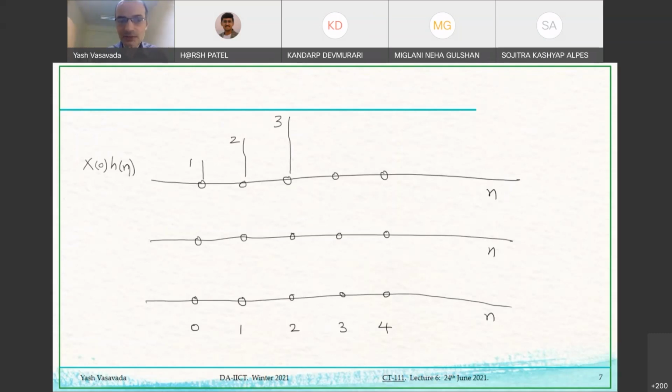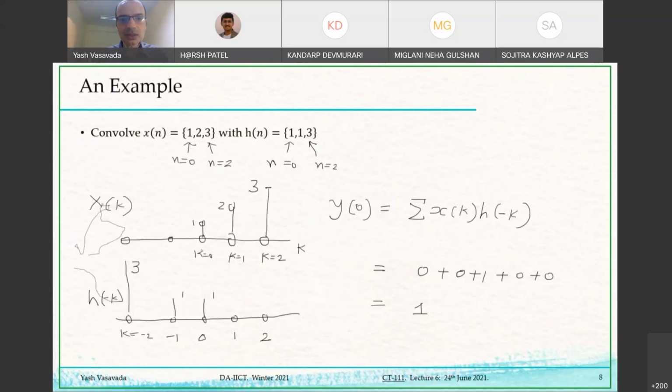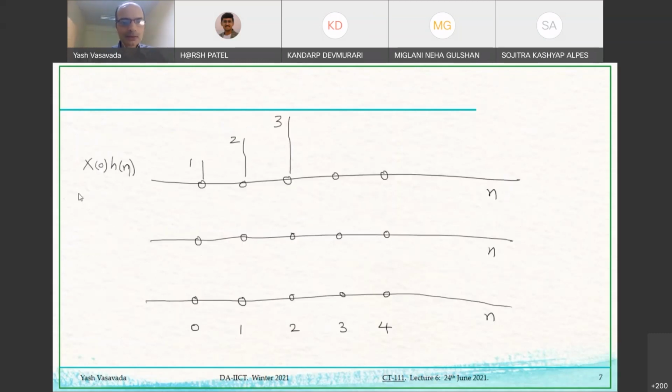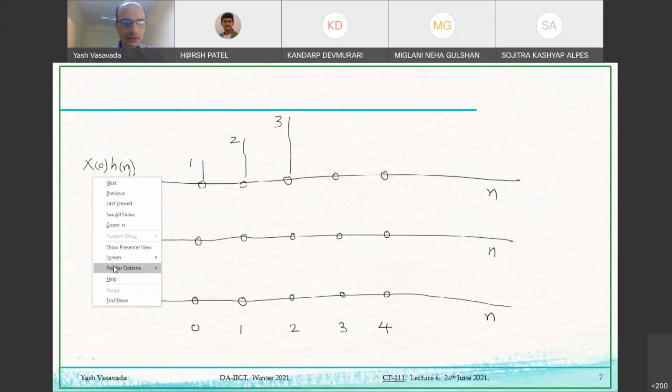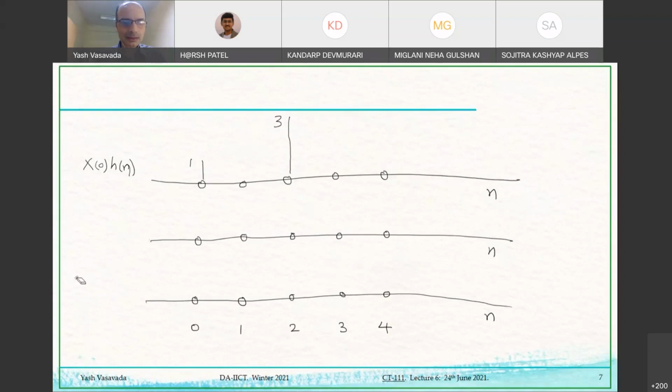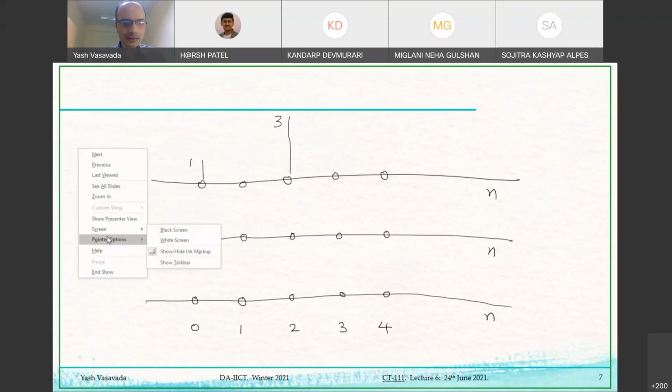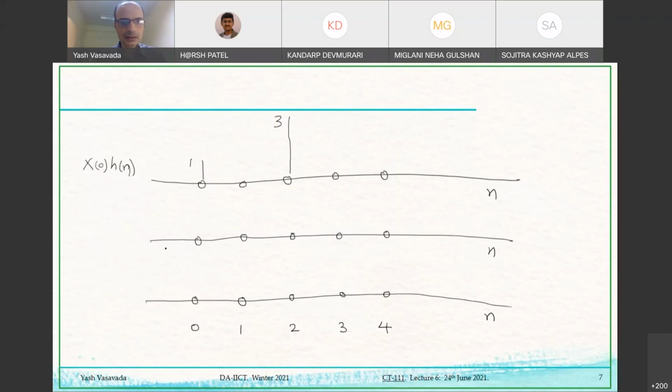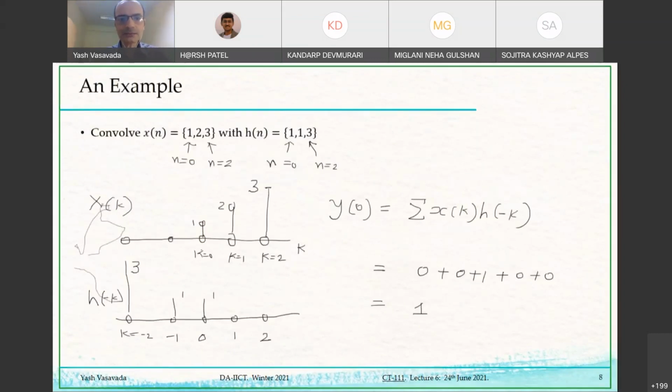Sorry, 1 second. H of n is not 1, 2, 3, it is 1, 1, 3. So erase this. Right? Is this fine with you? What I did here? This is x of 0, h of n. X of 0 is 1, h of n is 1, 1, 3.